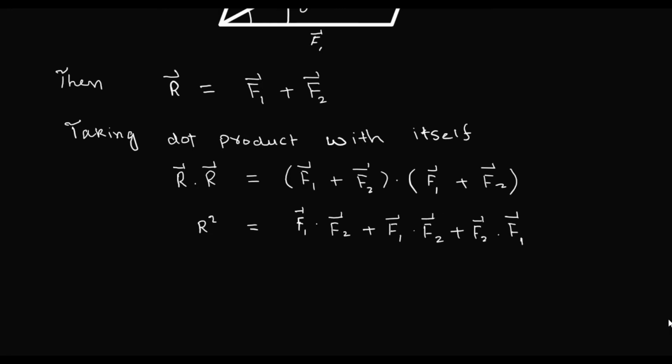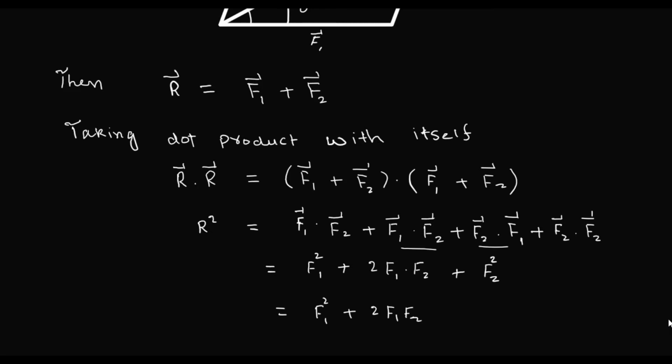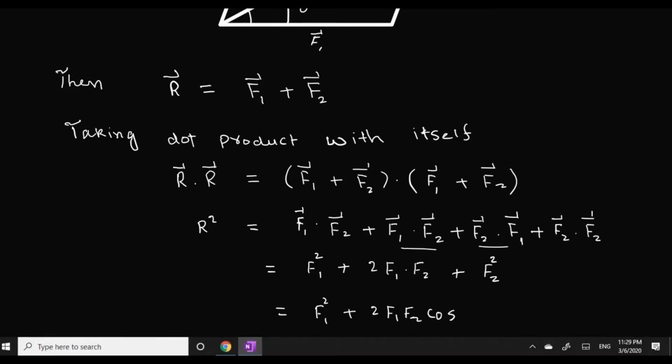Since the dot product of the same vectors converts into a square, F1 dot F1 becomes F1 square, and F1 dot F2 plus F2 dot F1 is equal to 2 times F1 dot F2, because A dot B is equal to B dot A in vectors. F2 dot F2 becomes F2 square. So it can be written as F1 square plus 2 F1 F2 plus F2 square.